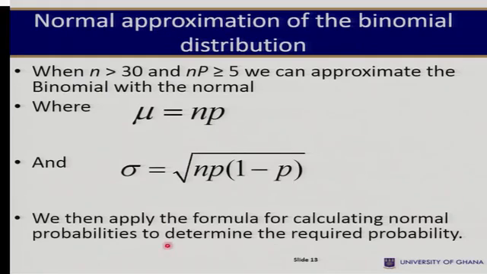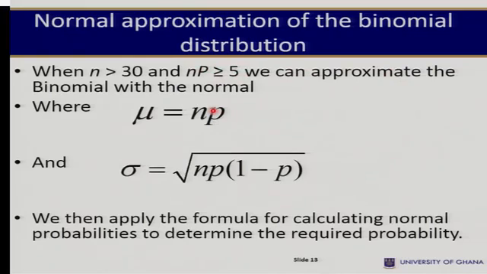The conditions under which you can do that is when the sample size is large, maybe greater than 30, in other words, when the number of times the experiment is conducted is large, and then the product of the sample size and the probability of success P is greater than 5. Then we can approximate the binomial with the normal.